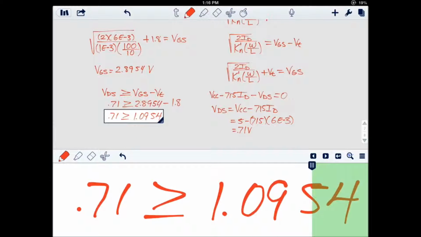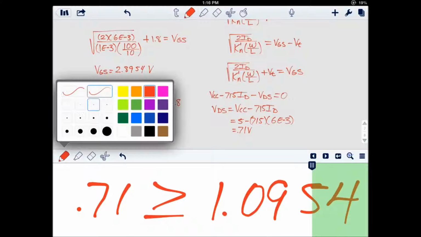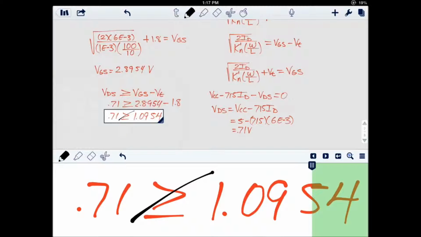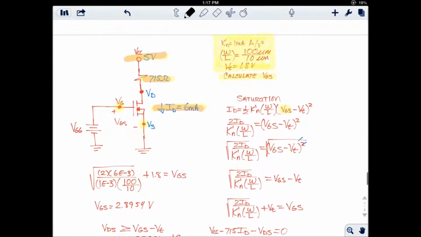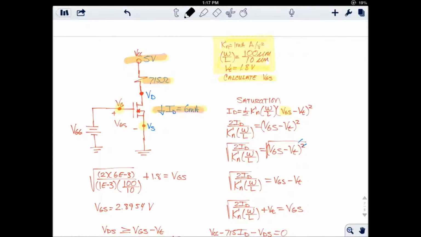No, that's not true. Because it's not true, that means the MOSFET is not working in the saturation region. So we have to do the same analysis again, but now using the triode equation.